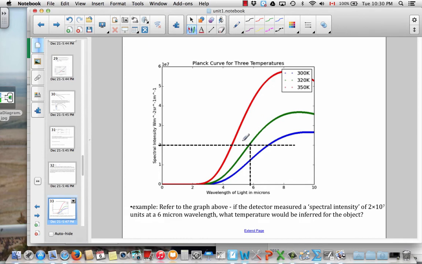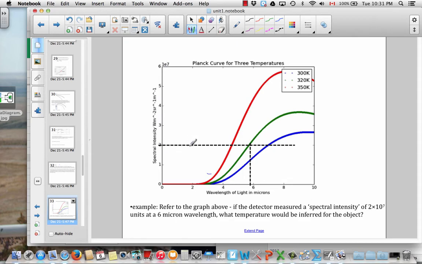It turns out there's a precise relationship between the intensity of light and the temperature of the object. And that relationship is graphed here at three different temperatures. These are known as Planck curves, and we'll show you the equation for these curves shortly. But let's just imagine that you had a camera that recorded spectral intensity, and more on what that is shortly, of 2 times 10 to the 7 units.